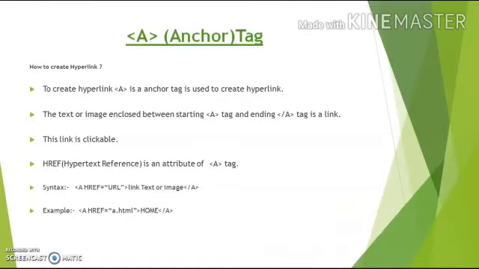Link text or image is nothing but name or image which can be treated as link. A tag close. For example, a href is equal to a.html, home, a tag close. Here home is link. When you will click on home, you will jump to a.html page.